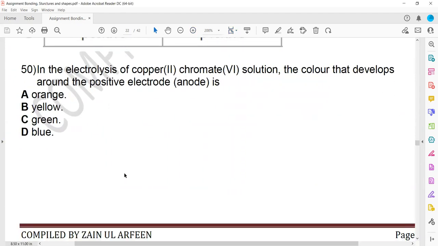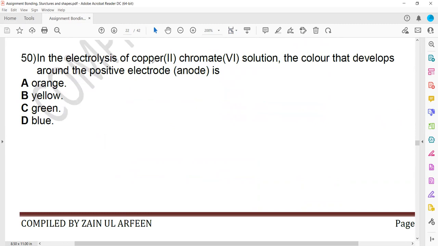Question 50. Electrolysis of copper chromate. The color that develops around the positive anode. So copper chromate contains copper ion, which is +2, and chromate ion CrO4 with a charge of -2.